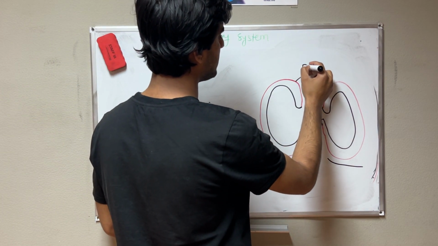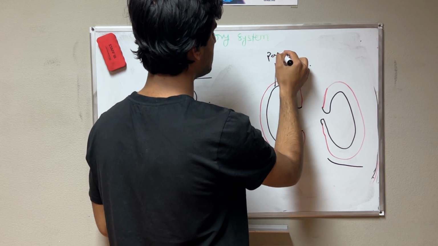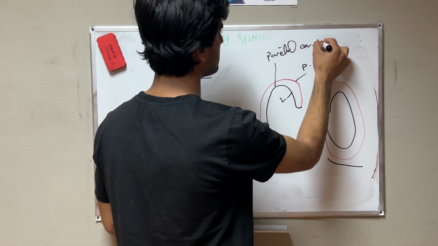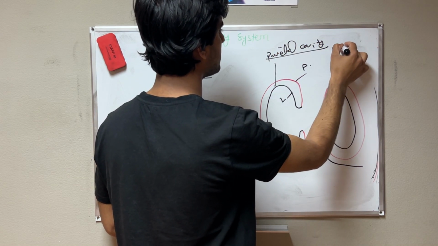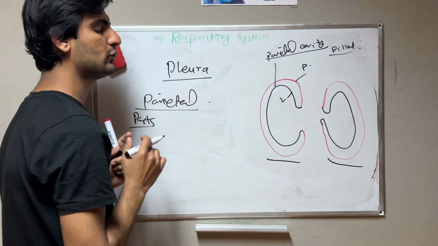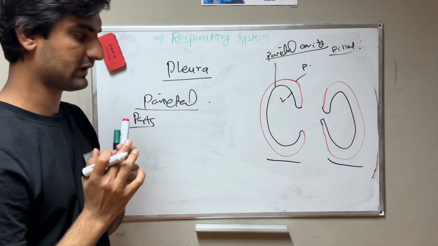This is the parietal pleura, this is the visceral pleura, and between them we have the pleural cavity which is filled by serous fluid, and this fluid gives lubrication, and this lubrication reduces the friction of the lungs.